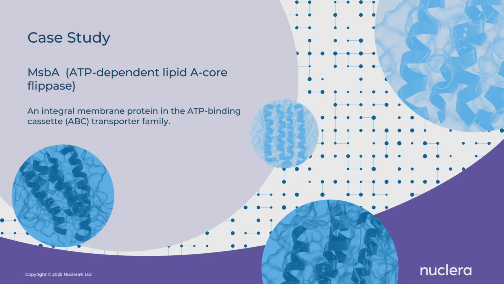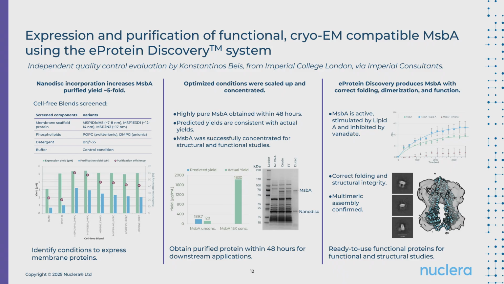I'm just going to go through a quick case study for MSBA, which is an ABC transporter family, which we got through this screening for structural and functional studies, using nanodisc incorporation. So the first panel, this was in collaboration with Imperial College London and Nuclera.